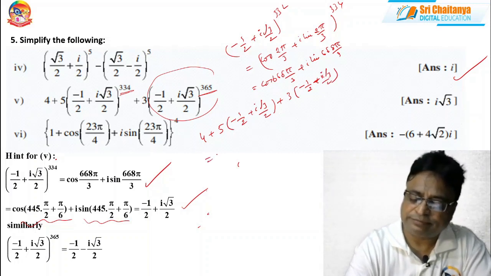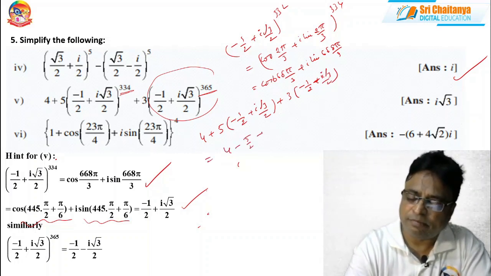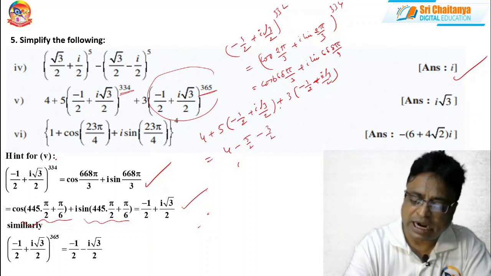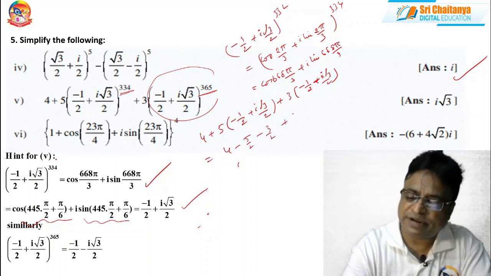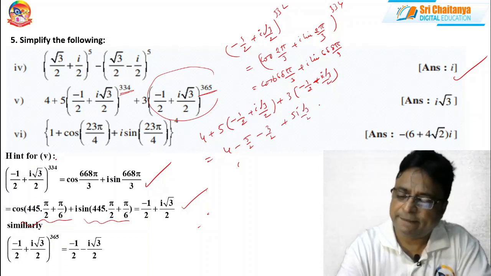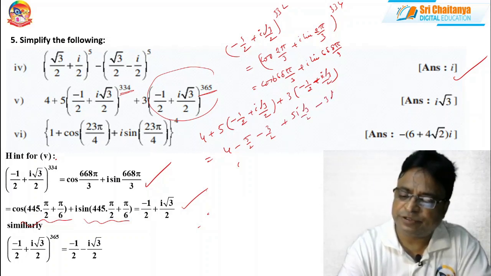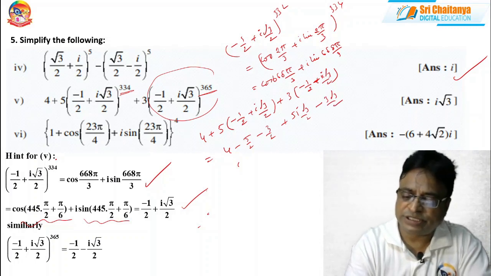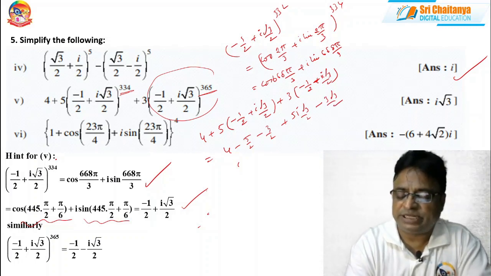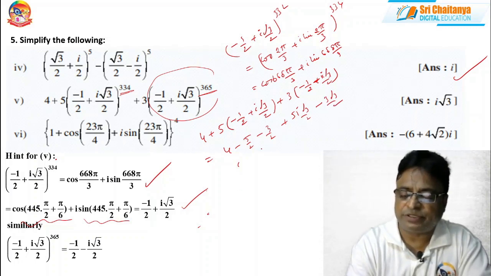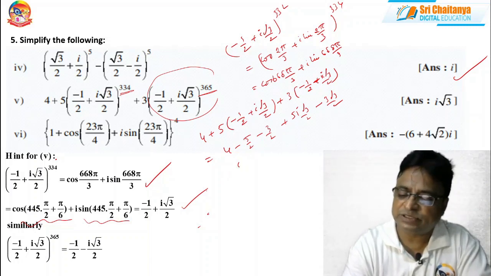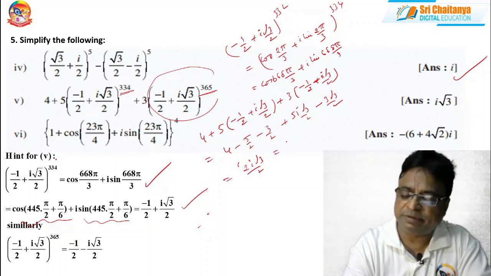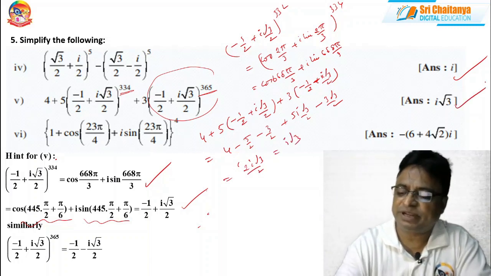So this is 4 minus 5 by 2 minus 3 by 2, plus 5i root 3 by 2, minus 3 root 3 by 2 i. So this is 5 minus 3; minus 8 by 2 is minus 4, 4 gets cancelled. This is 2i root 3 by 2. After simplification, this becomes i root 3. This is my answer.